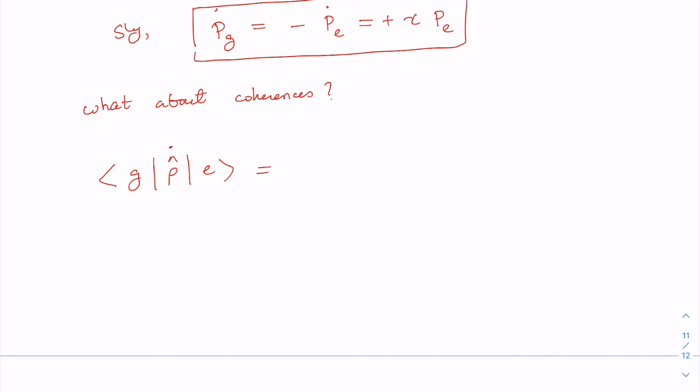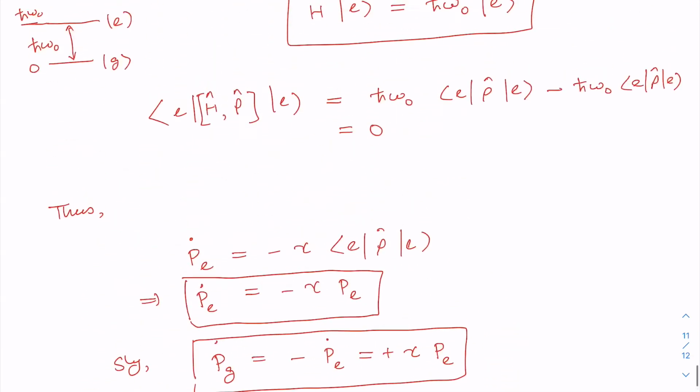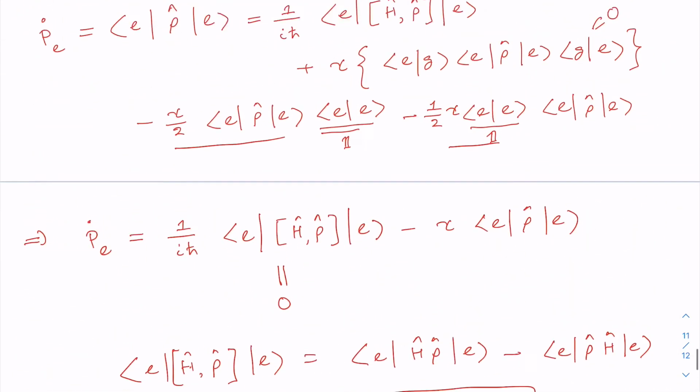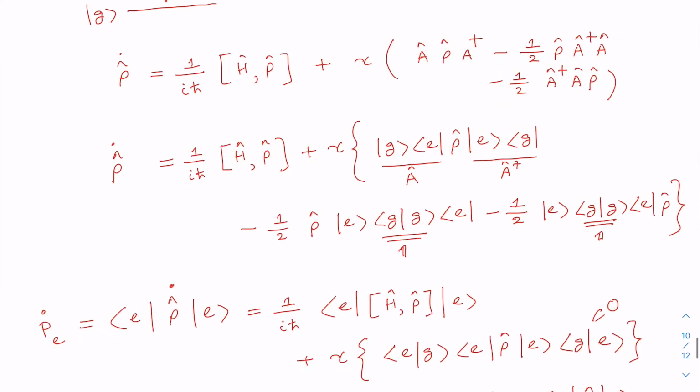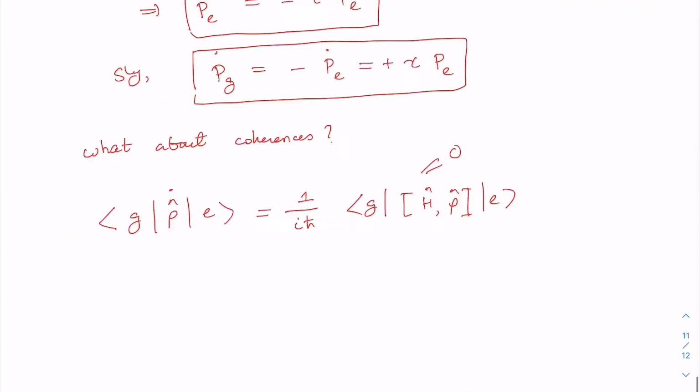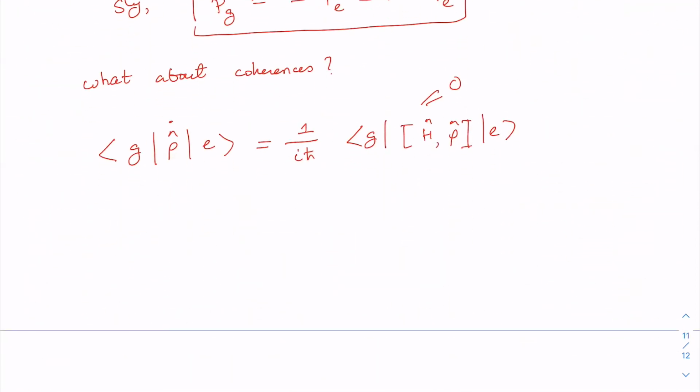Again, if you put it in the master equation, you'll have 1 by iħ multiplied by the Hamiltonian commutator with ρ_EG. This term, again, you can show to be 0. Let me write down the terms.